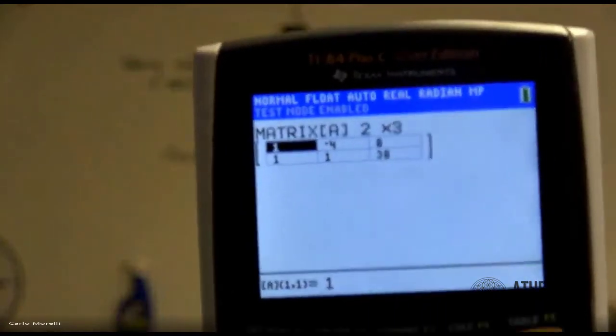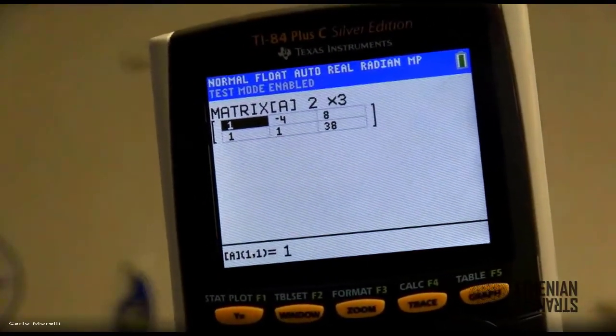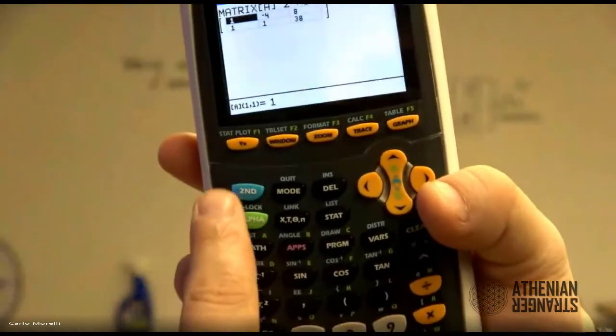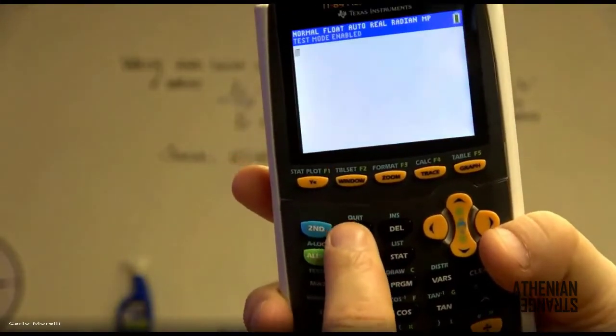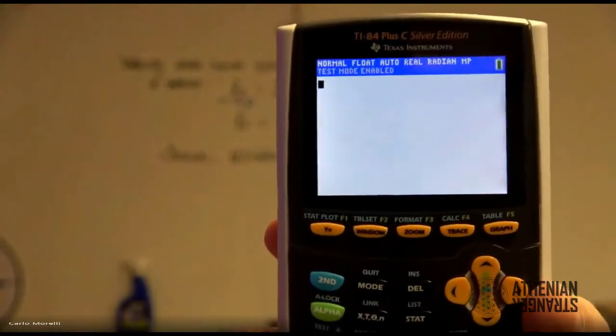Does everybody's calculator look like this? Okay, now we're going to quit this menu by hitting second mode to quit. Now everybody should be back on the home screen. Is everyone back here?